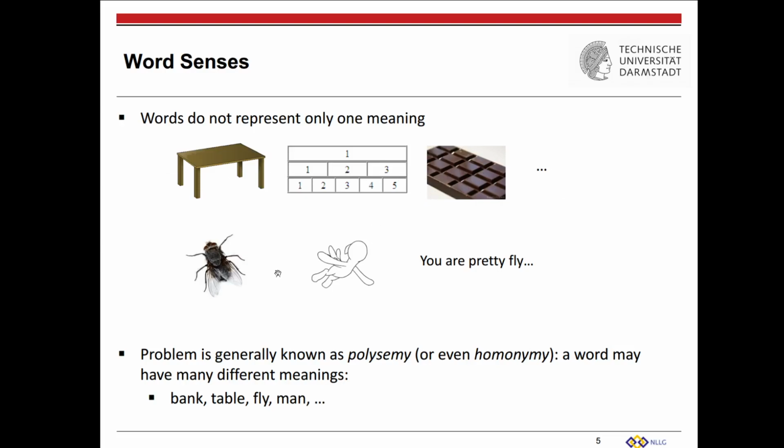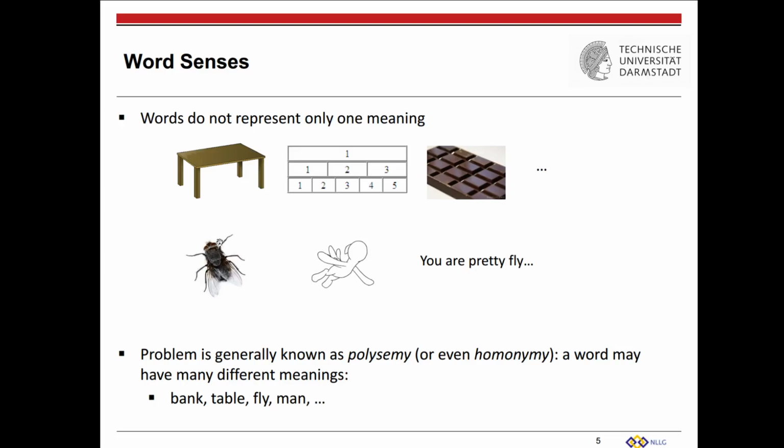This is a pretty common phenomenon in most languages, especially in English, where verbs and nouns can often have the very same form. But we also see here an example where even an adjective has the same form as a verb and a noun.